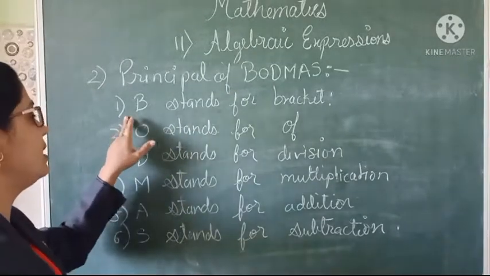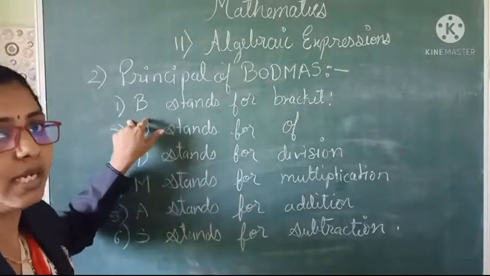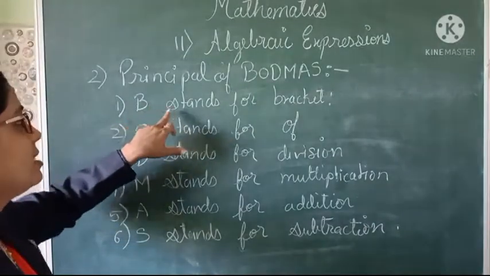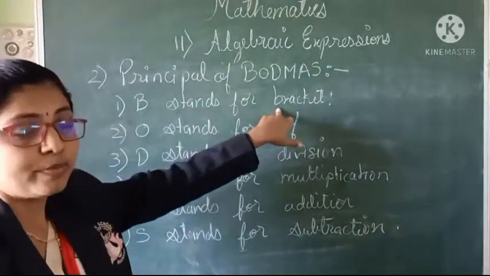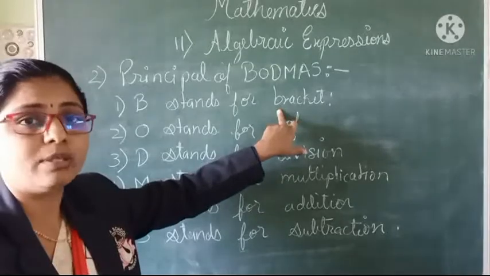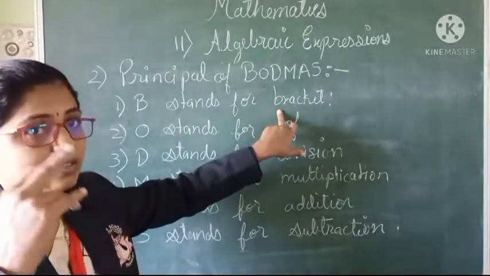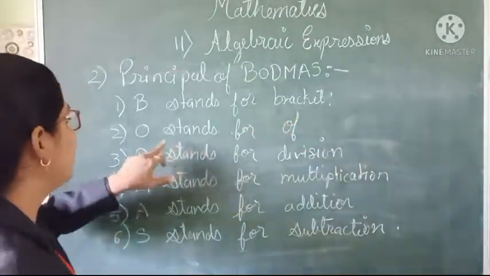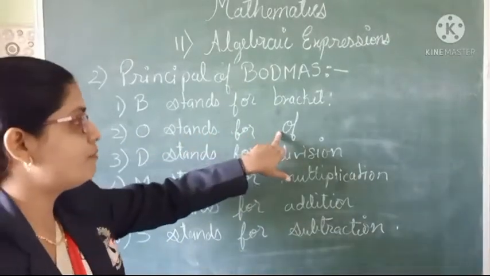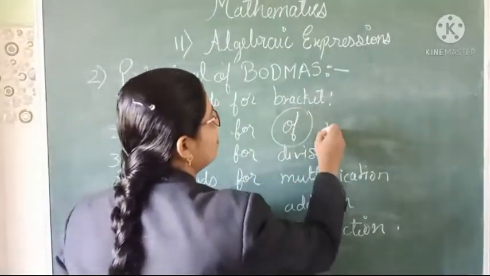The first step for solving this combined state is B, which stands for bracket. You know very well, we just studied the brackets, so we have to go according to the brackets. Then O stands for of. This of means to multiply.